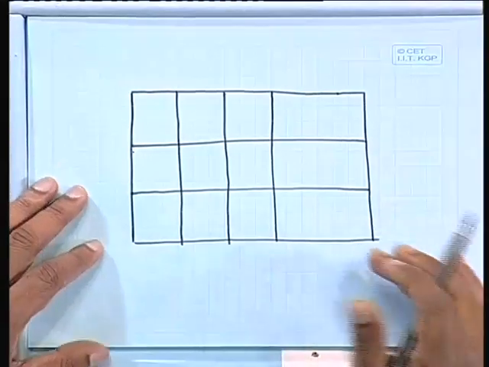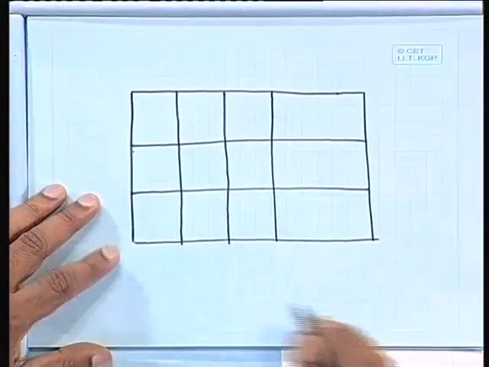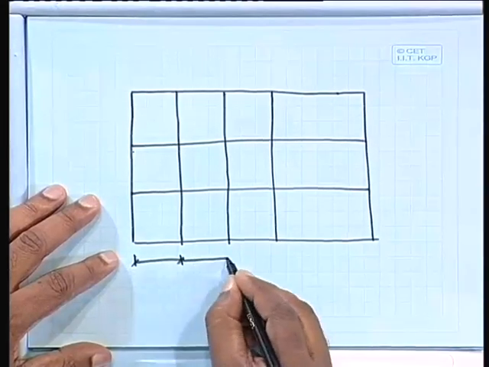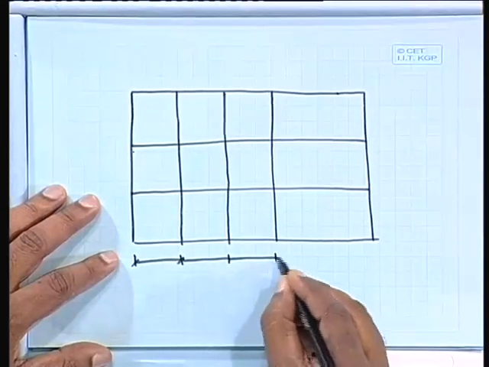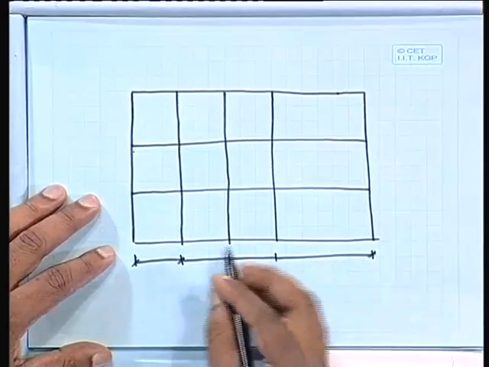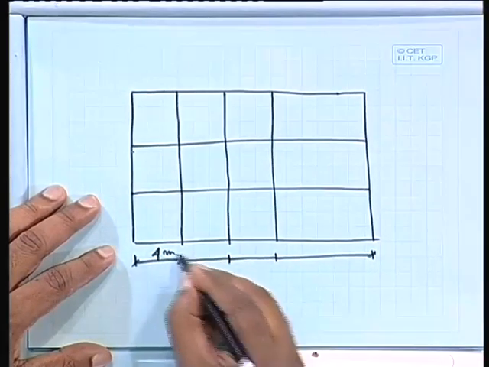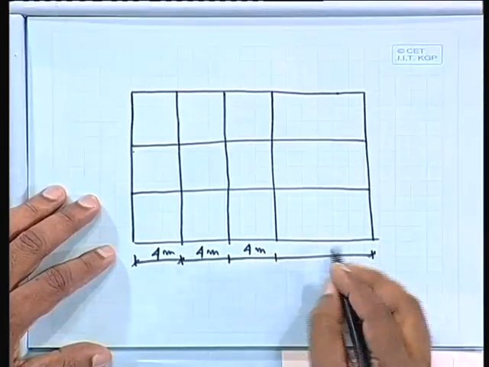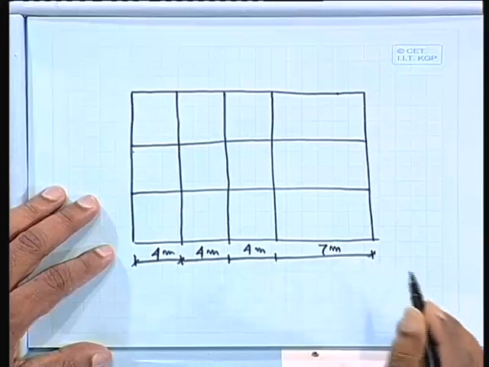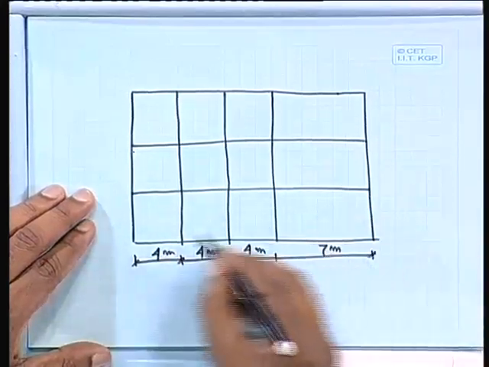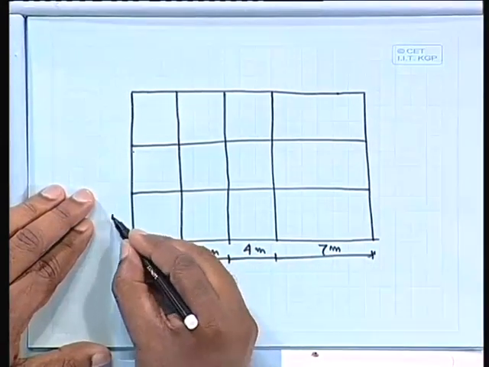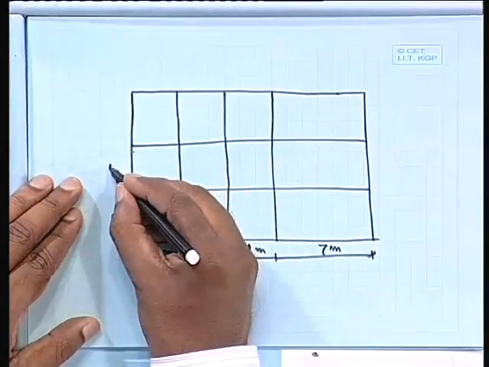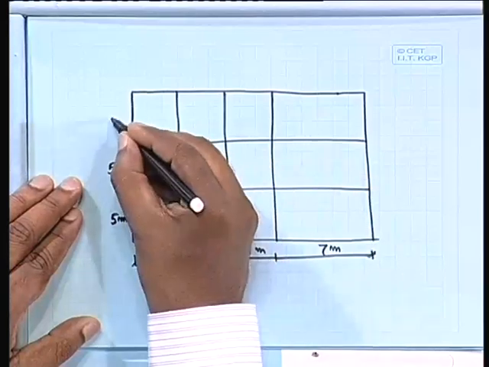Let us give certain dimensions. Maybe I can write this one as 4 meter, this one 7 meter, this one 5 meter, and this is also 5 meter.